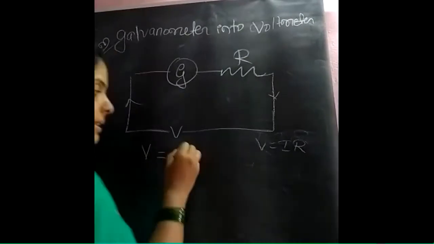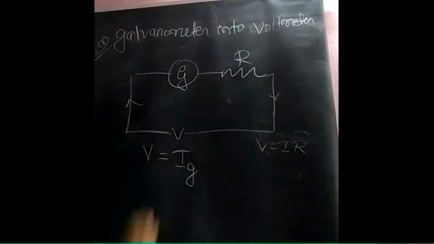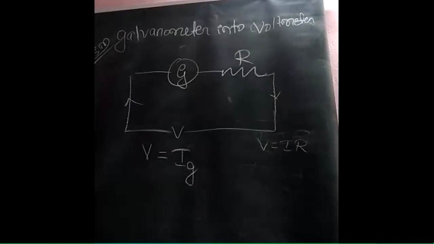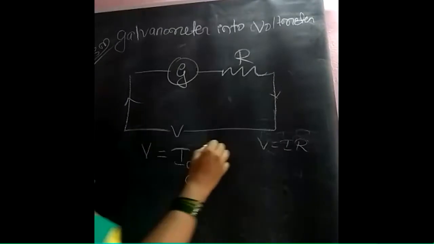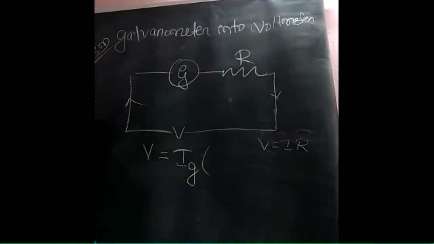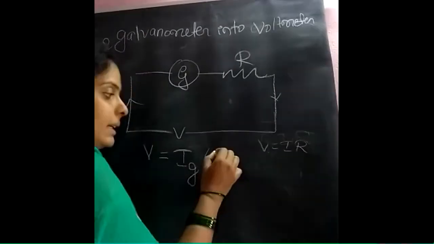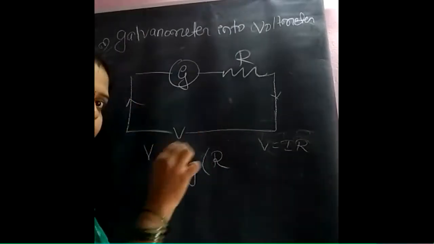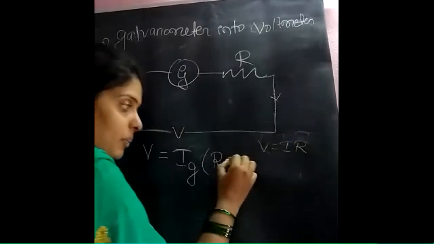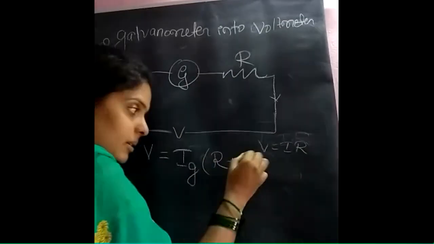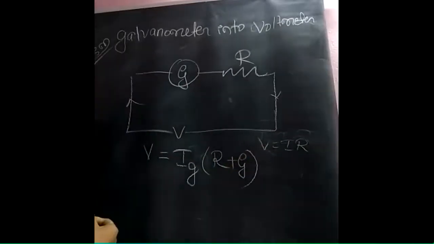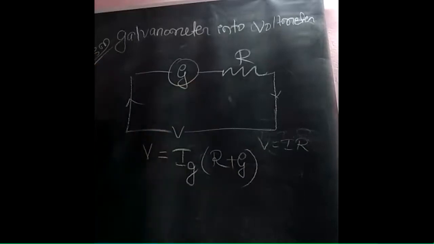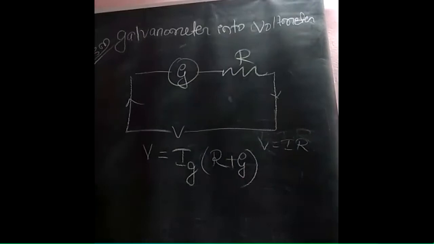I is nothing but Ig, current through the galvanometer, into R. R is nothing but the resistance of this high resistance plus G. What is G? That is the resistance of the galvanometer. So this is V is equal to Ig into (R plus G).